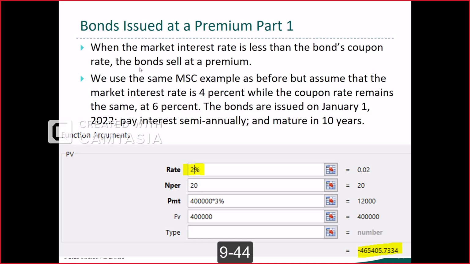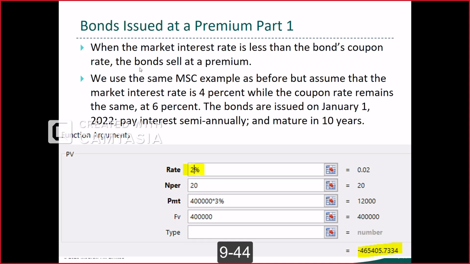We started with the first scenario, market rate 8%. Now the second scenario, market rate is 4%, which is lower than the coupon rate. The market is offering 4% only. Our bonds are offering 6%.